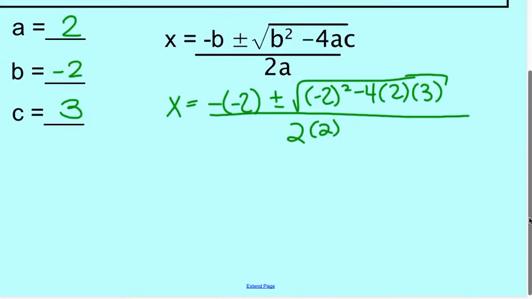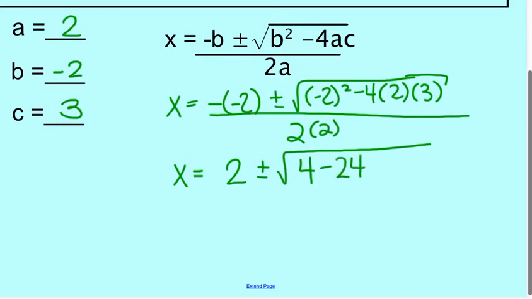Now let's go ahead and start simplifying. Negative 2 and negative 2 becomes a positive 2. Underneath the radical, negative 2 times negative 2 is 4. And then negative 4 times positive 2 times positive 3 is negative 24, over 2 times 2, which is 4.